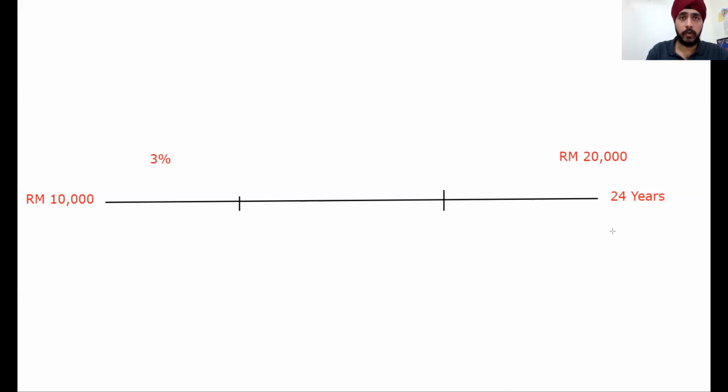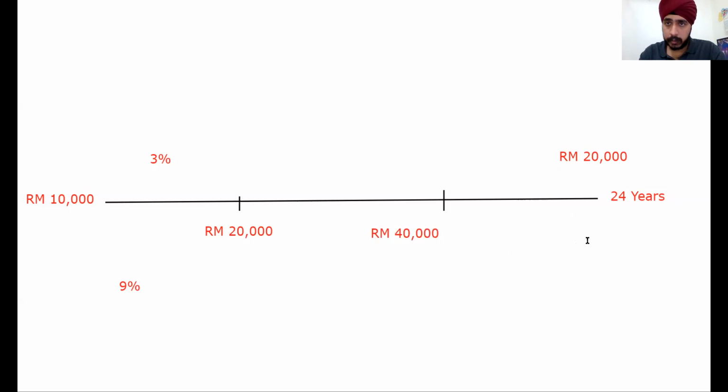At 9%, you're doubling up in the 8th year, so your money will be 20,000. At the 16th year, you would be doubling up again to 40,000.